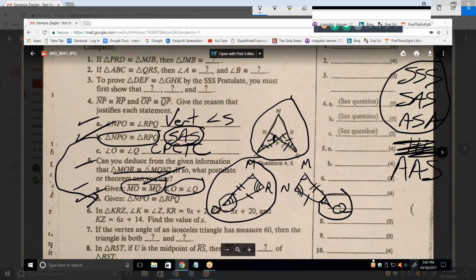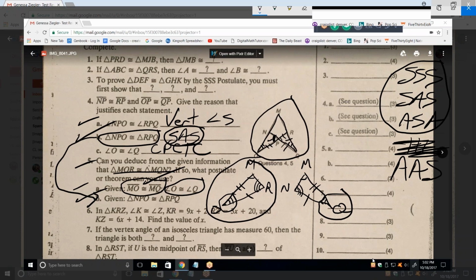If I know that MO is congruent to MQ and that angle O is congruent to angle Q, can I deduce those two triangles are congruent? Well, let me think for a moment. Let me change colors. Now I understand what they're saying.